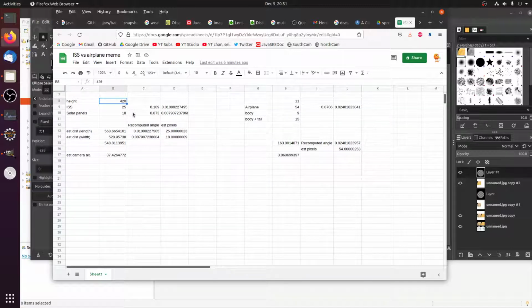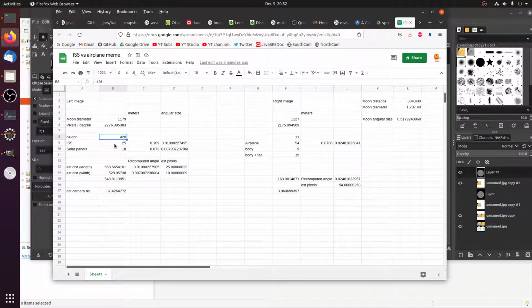Given that the ISS is at an average height of 420 kilometers, I worked out what the angular size for the ISS's length and the angular size for the ISS's width should be.